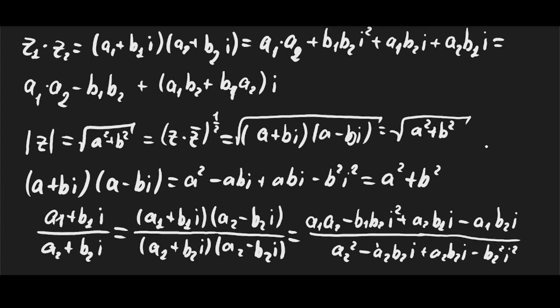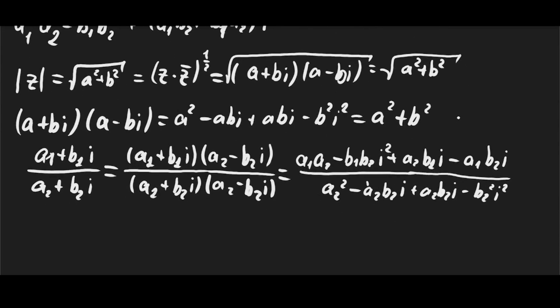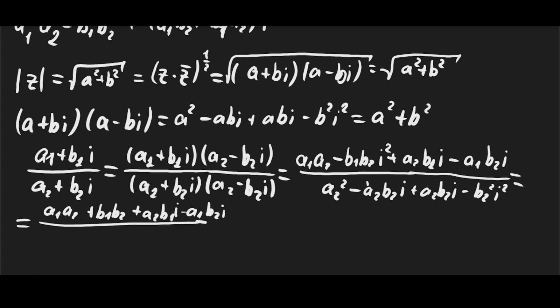We can once again use the fact that i square is just -1. So this would be equal to a1 times a2 plus b1 times b2, because we have i square here, plus a2 b1 i minus a1 b2 i, over a2 square plus b2 square.